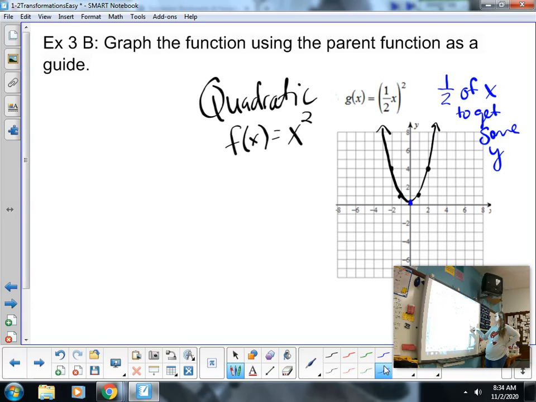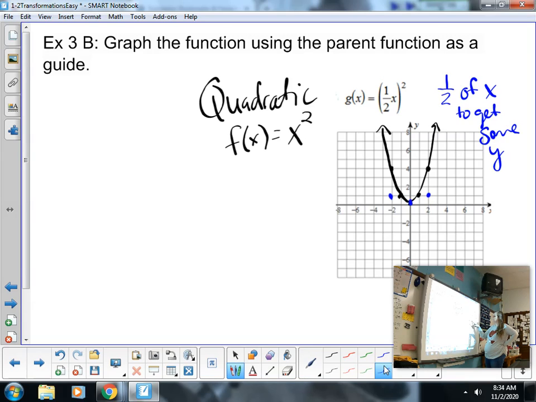Instead of the x value of negative 1, I would have to put in a negative 2 to get the same thing. Likewise, I'd have to use a positive 2 to get that same height, because you want a number whose square is 1, and half of 2 gives you that 1. The same thing here with 2, 4.